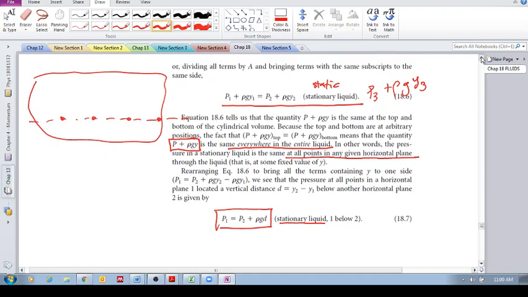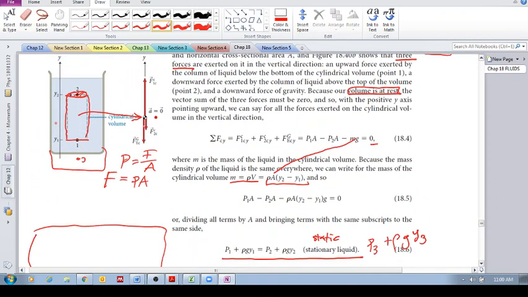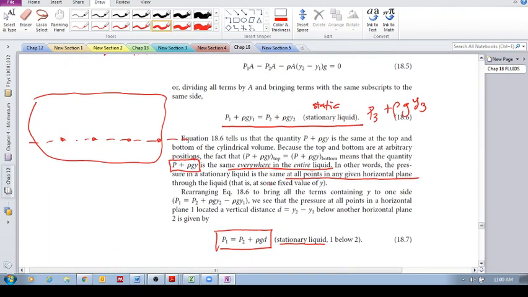What we've just derived is this: if I want to know the pressure here, but I know the pressure at point 2, then the pressure at point 1 is equal to the pressure at point 2 plus the density of the liquid times gravity times this distance d. Do you see that?